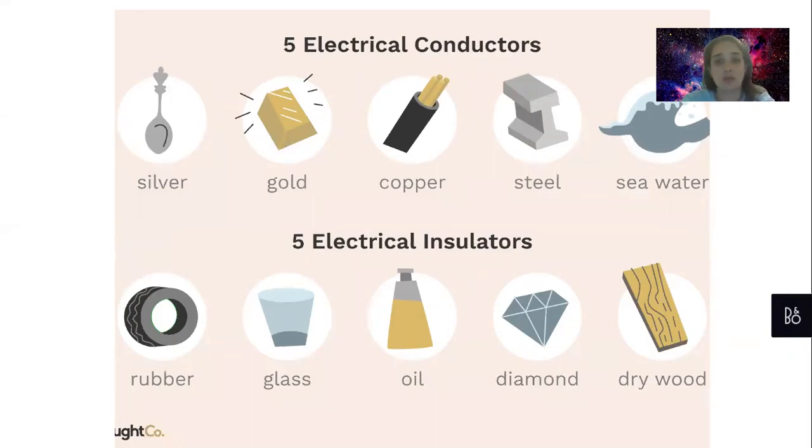That's also the reason why, if there's a thunderstorm and you're at the beach or at a pool, lifeguards usually ask everyone to come out of the water, because it can be dangerous if lightning strikes a body of water. Materials that are insulators are rubber, glass, oil, diamonds, wood. That means that electricity won't flow easily through those materials.